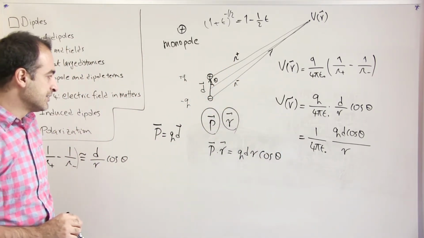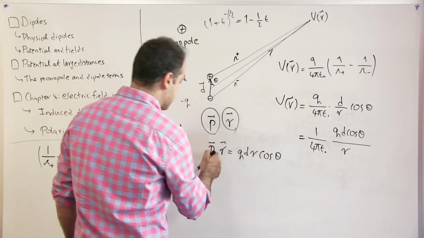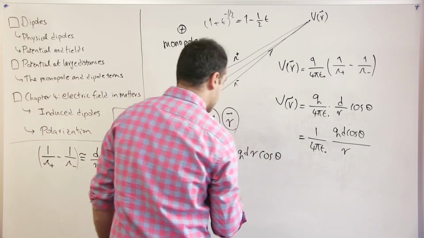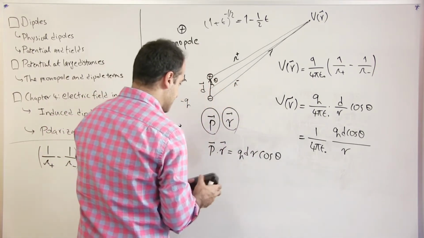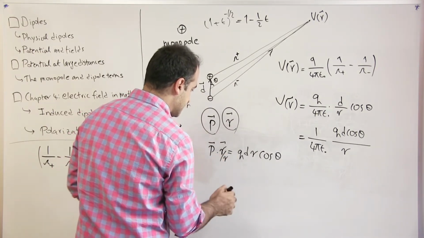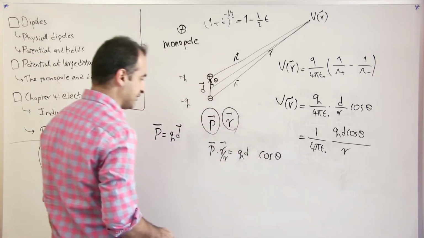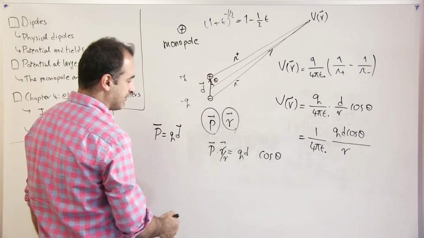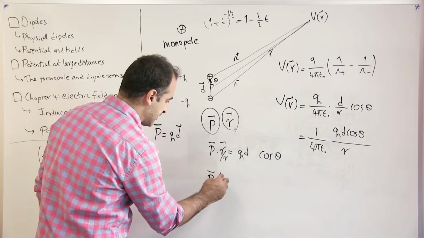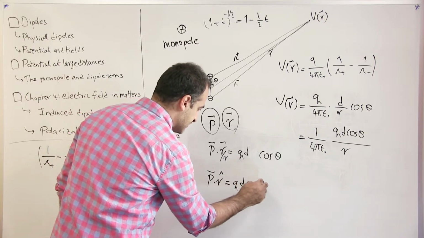So QD cosine theta is technically P dot R divided by the magnitude of R. What is R divided by the magnitude of R? That's basically R hat. So P dot R hat is QD cosine theta.